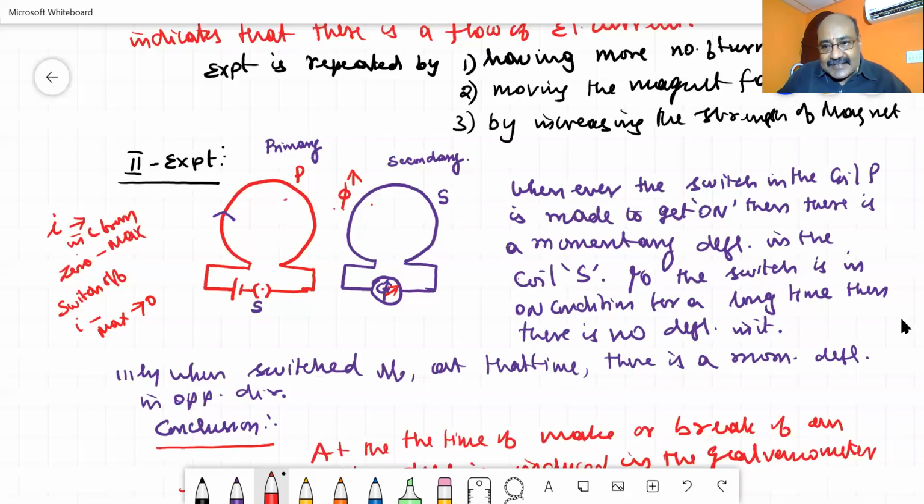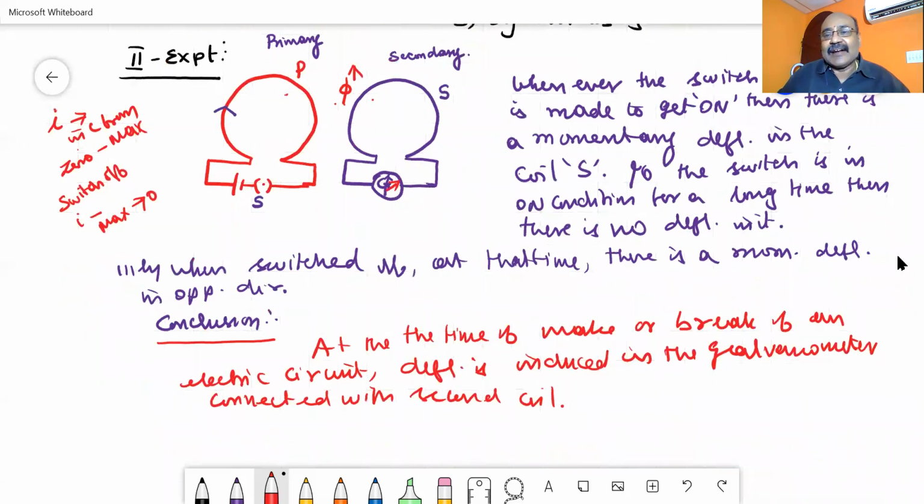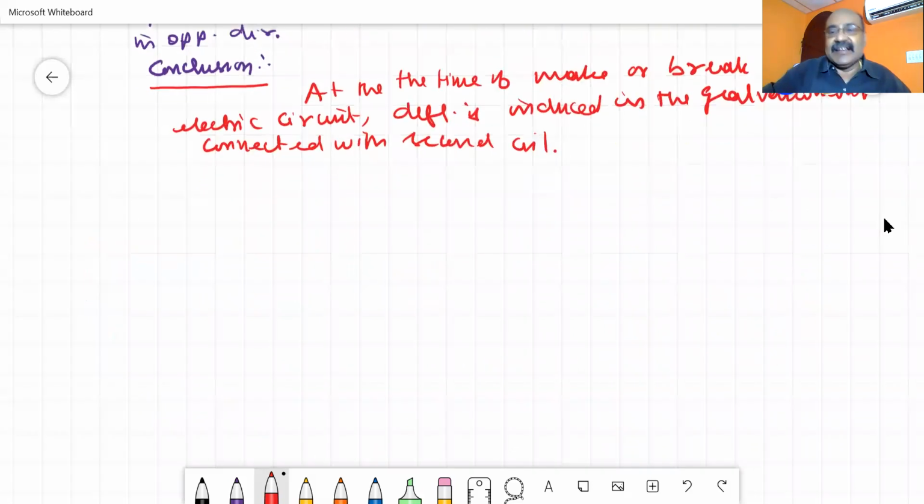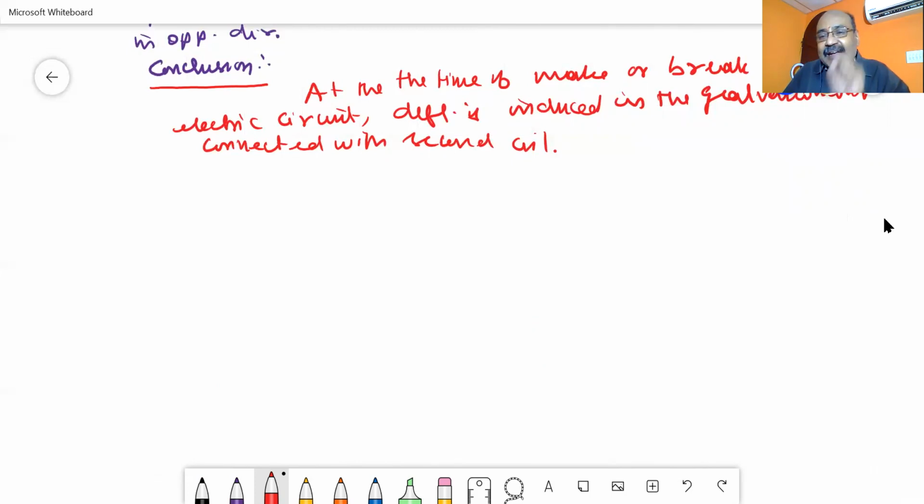So with this, the definition for electromagnetic induction is given by Faraday.